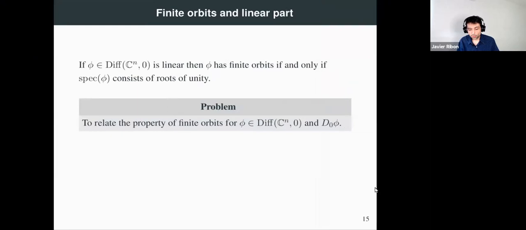So the problem that we are interested in is to relate the property of finite orbits for a local biholomorphism and for its linear part.